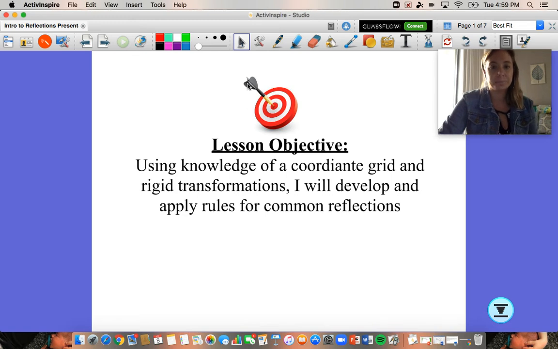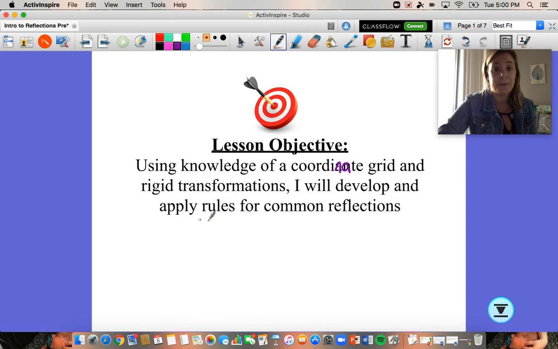What we're going to do in this lesson, and what you are doing over this weekend in preparation for our next live session, is continue working with a look at using a coordinate grid and using some of our background knowledge of graphing points and graphing shapes and what we learned about rigid transformations in our last lesson together, right? Rigid means it maintains its shape and size, and transformations are translations, reflections, and rotations.